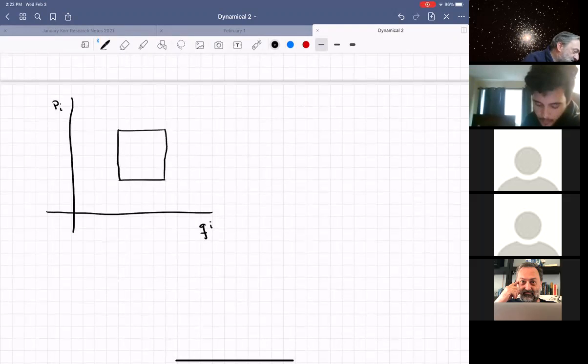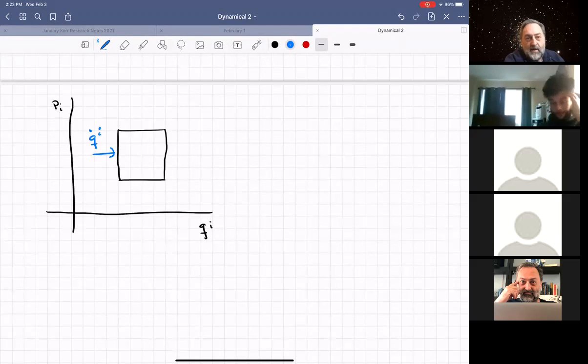So let's suppose that my region now is kind of boxy. If my Hamiltonian flow was such that q dot i was positive, I would be coming in along that leftmost edge. So any Hamiltonian flow line that has q dot i positive would be entering this region.